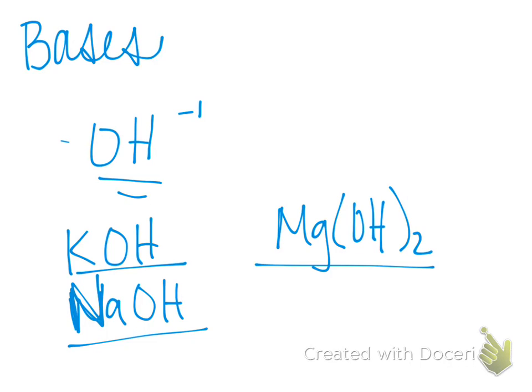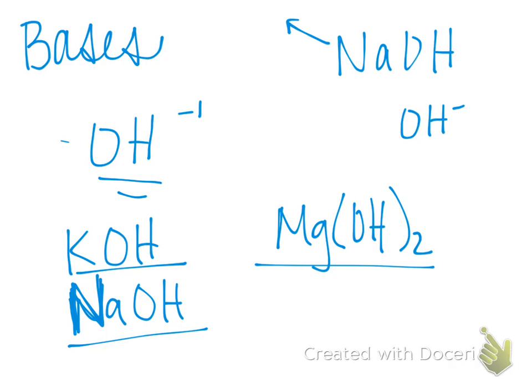There's not much more we need to reiterate about bases, but bases usually have this OH in them. The reason is, let's see why this would make a base. NaOH, and sodium goes away. That would leave us with OH minus. What do you think OH minus wants to take in?